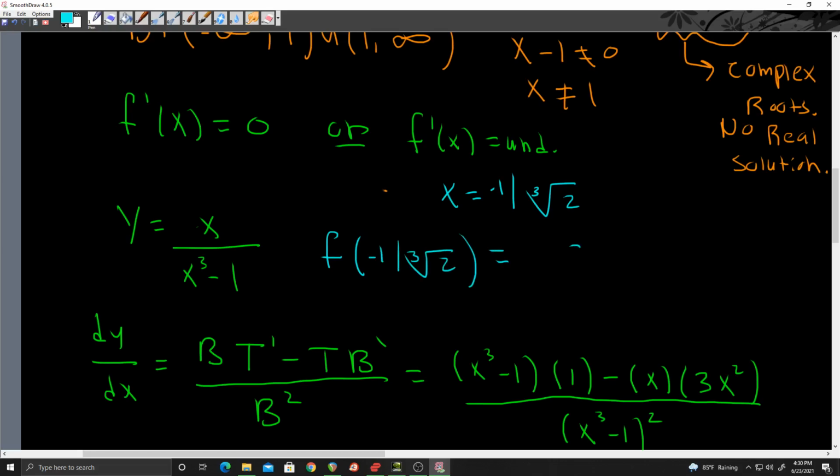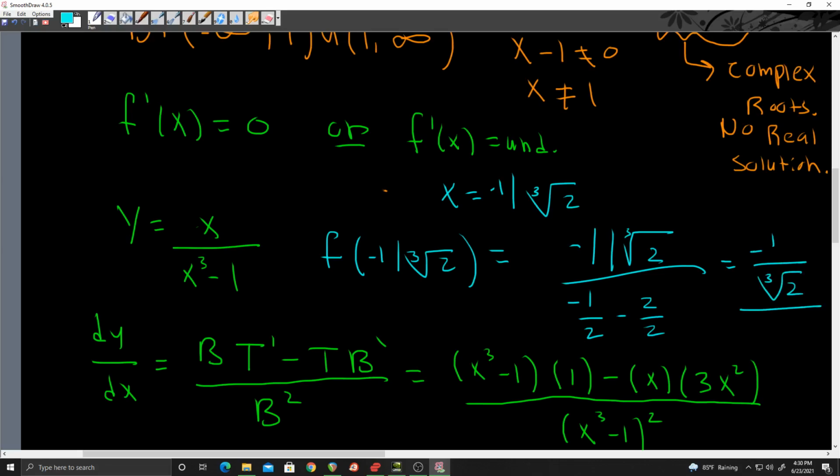That's just negative 1 over the cube root of 2 divided by, now if I cube a cube root, I just get what's inside. This is going to be negative 1 over 2 minus 1, which is the same thing as negative 2 over 2. Negative 1 over the cube root of 2 divided by negative 3 over 2.